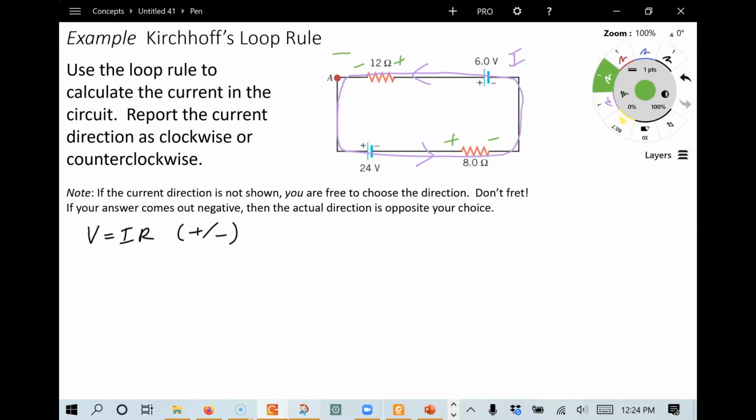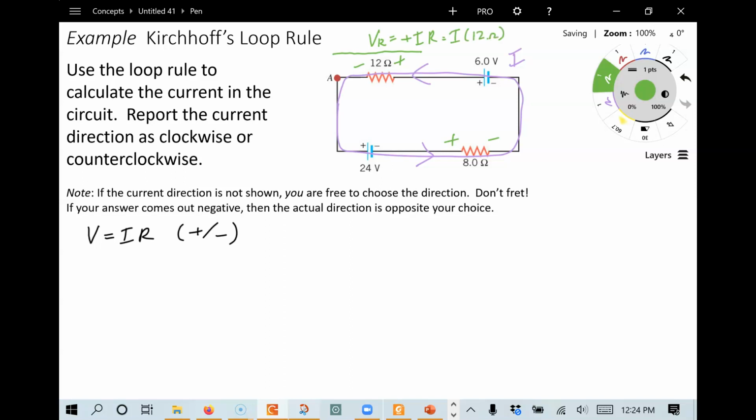I'm going to go here, move along. Oh, I just jumped right here. I've got a VR. What's it equal to? Did I go down or up? I went up, so this is an increase. How much? I times R. And in this case, we've got I times 12 ohms.